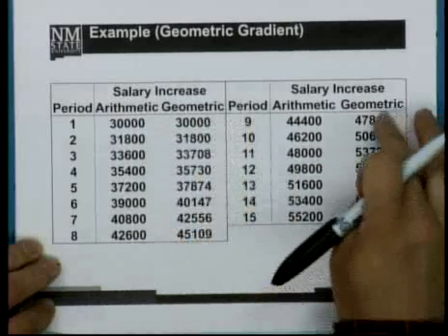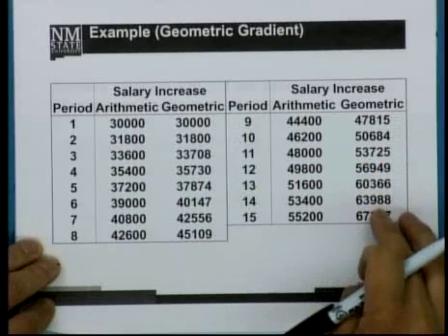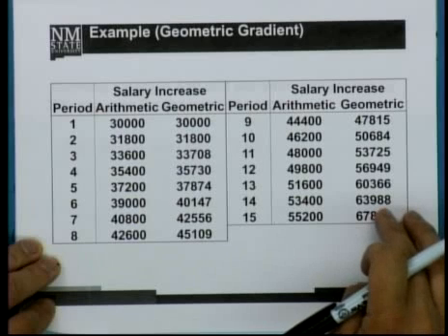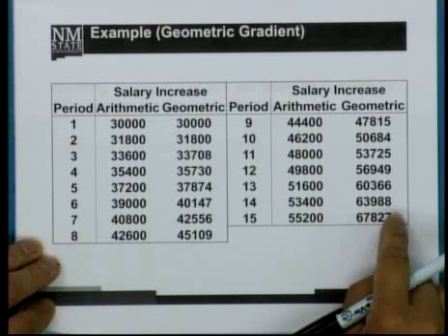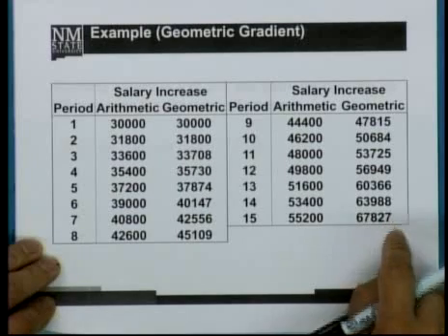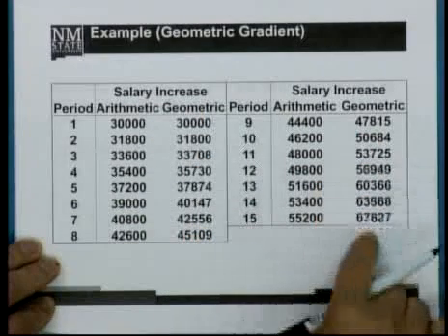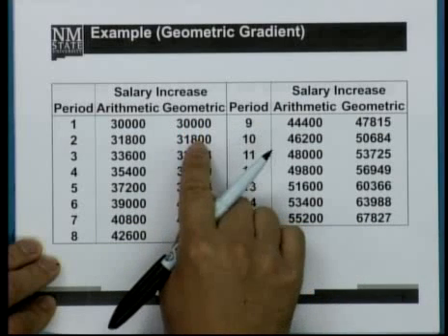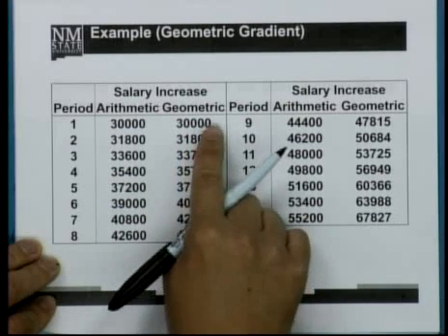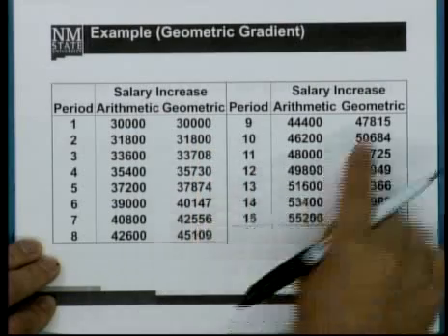So in that case, using the geometric gradient, it leads to a final salary of $67,827. So as you can see here, a geometric gradient is a percentage increase based on the current salary. So it is compounded growth, basically.